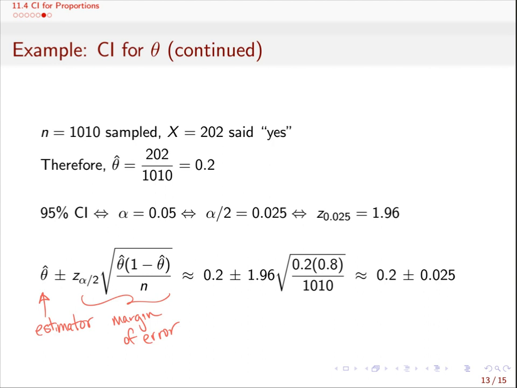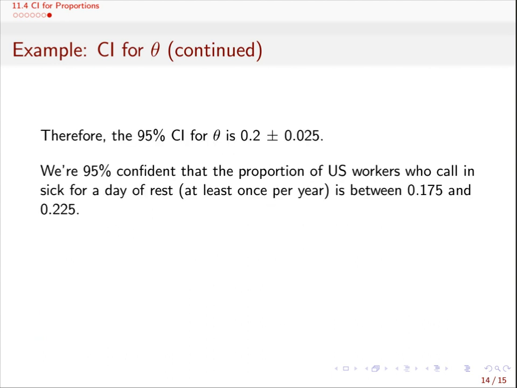And when we take the numbers that we have from up above and start plugging them into the formula, we end up getting 0.2, which is our estimator, plus or minus our margin of error, which turns out to be 0.025. So we'd say our 95% confidence interval for the population proportion theta is 0.2 plus or minus 0.025.